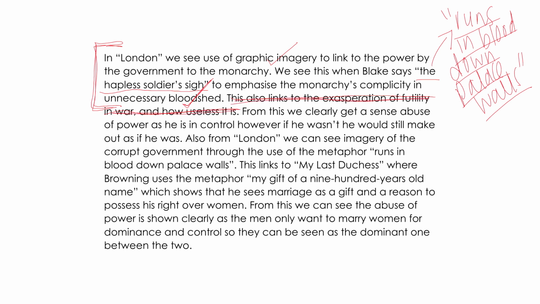Remember, this is the difference: you're stating here to emphasise the monarchy's complicity in unnecessary bloodshed. But how? You always want to consider the how after. It's so important. So I need to think, how does "runs in blood down palace walls," the fact that it's graphic, emphasise the monarchy's complicity?